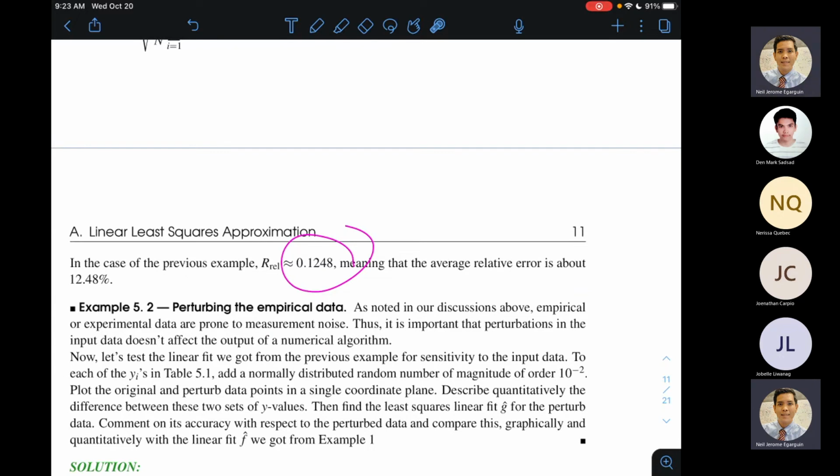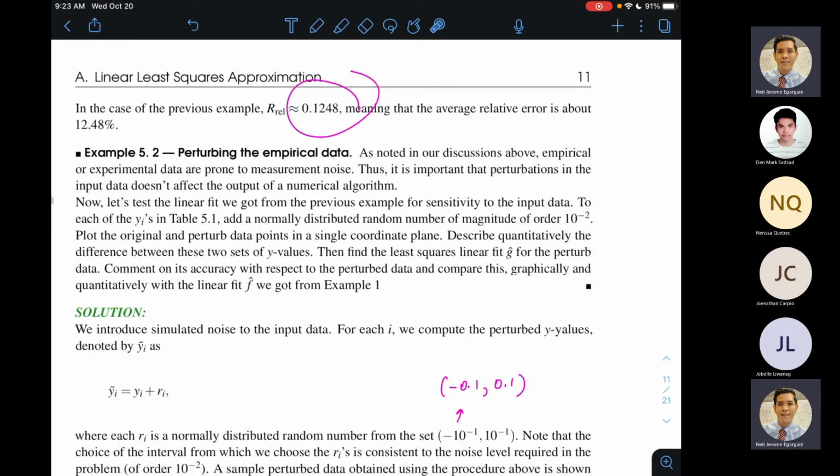So tingnan natin kung stable nga ba itong algorithm na to, itong method na to with respect to perturbation in the given data. So dito sa example 5.2, kukunin ko yung linear fit dun sa data pero hindi ko i-assume na perfect yung data ko. I-assume ko na yung data ko ay tainted by small perturbations.